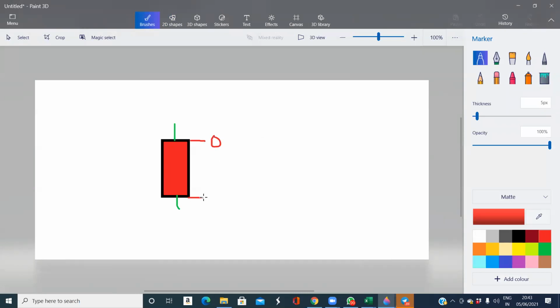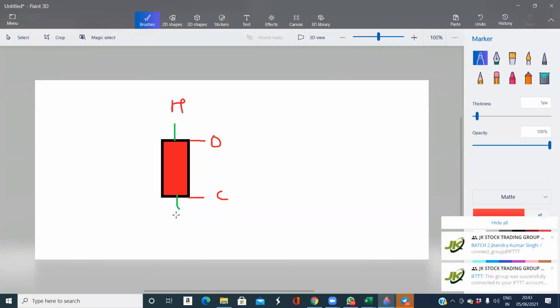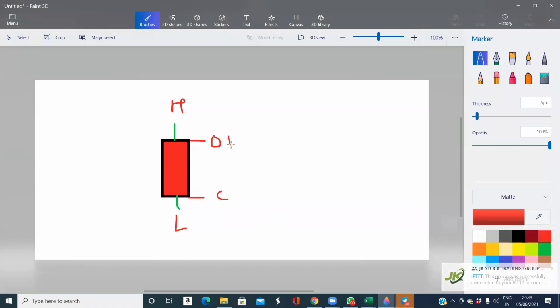Okay, this is close. This is high, and this is low. Okay, so the open price is always high for the red candle. Red candle means bearish candle. Okay, and it closed low.